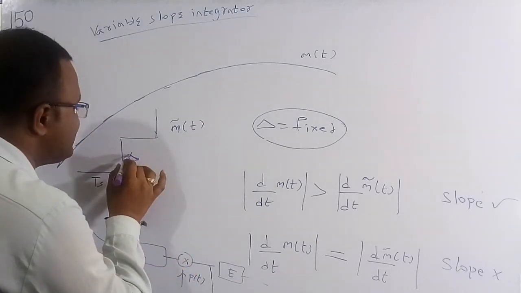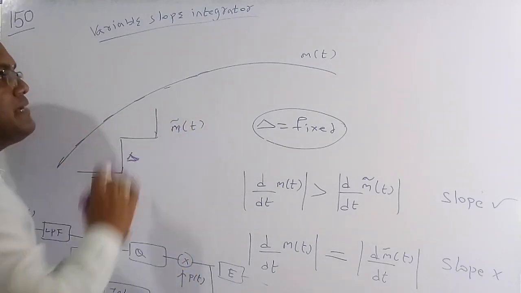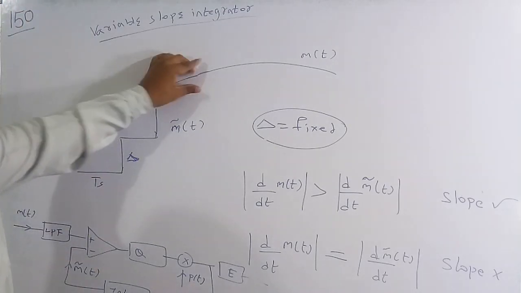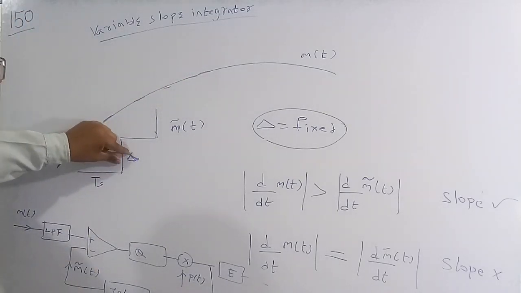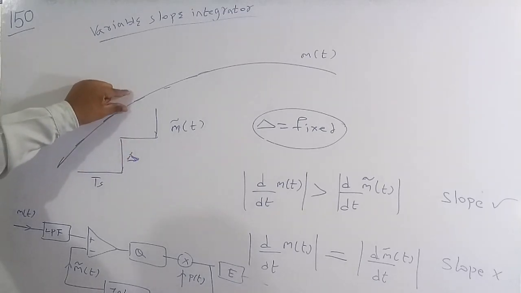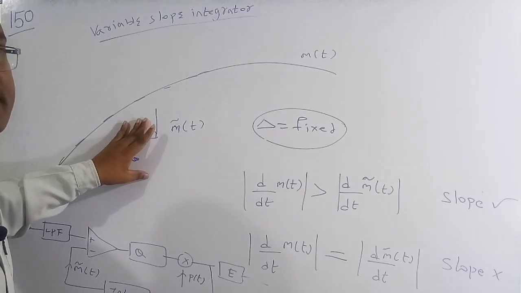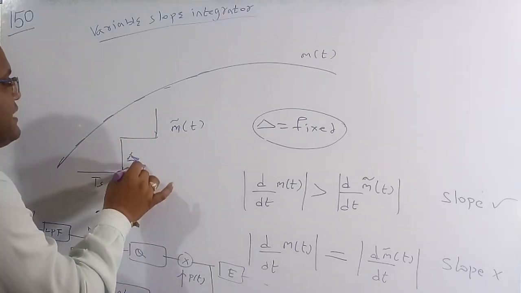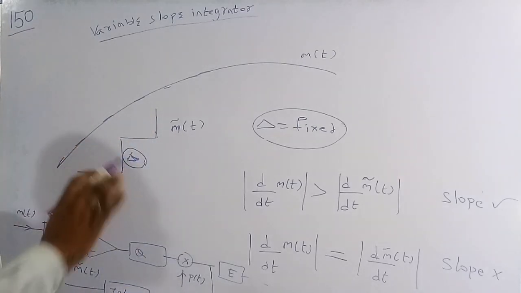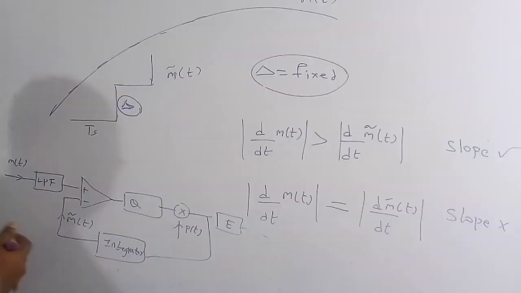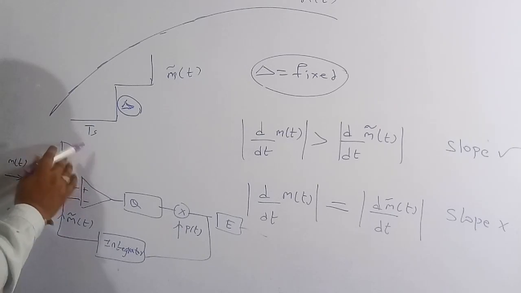So we have to change this delta at each and every time, because at each and every time the message signal slope is also changing. We have to change the value of delta in such a way that we can make the slope of m of t equal to the slope of this staircase waveform. So delta should not be a fixed value, it has to be a variable factor. So how are we going to use this? Because this is a delta modulation transmitter.